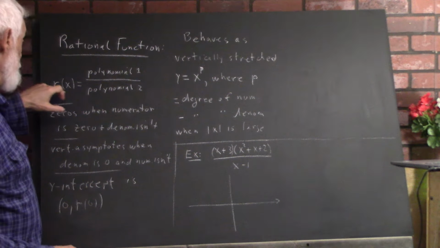Now, the numerator is 0 when x equals -3. That's the only way the numerator can be 0. And of course that's what makes this term 0, because this term can't equal 0, at least not for real numbers.